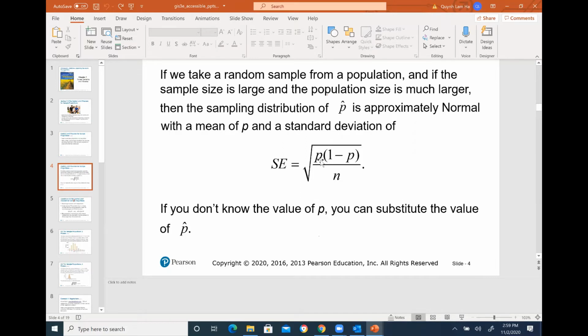Okay, that's what it means. It means if they don't provide us p, we can write SE as the square root of p hat times 1 minus p hat divided by n. We can use this if they provide us p hat.